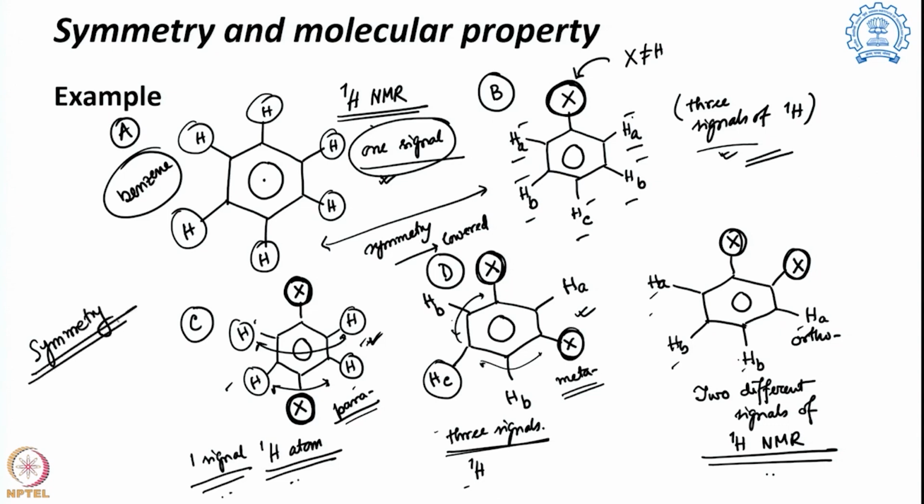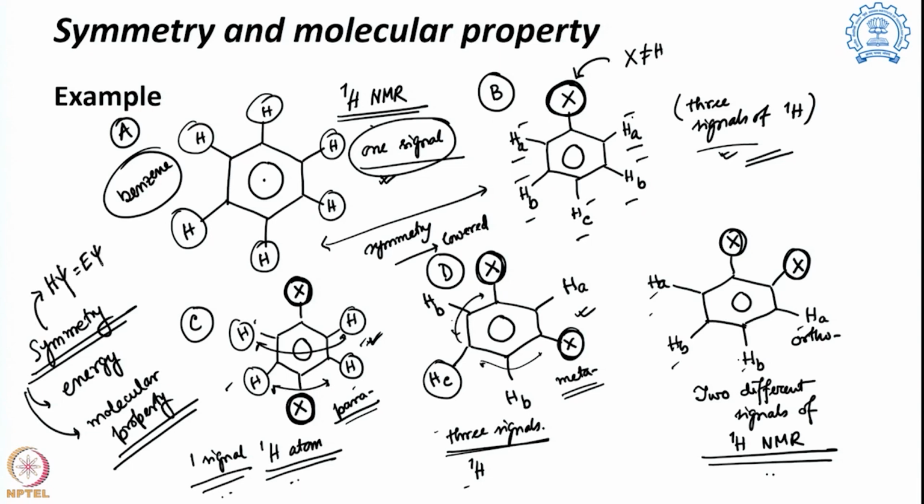Before going there, we would like to conclude this beginning section: symmetry is an important aspect, and it controls the energy and the molecular property, and all of them can also be defined by the Schrodinger equation, H psi equals E psi, where H is nothing but an operator which reflects the definition of the surroundings, that means the symmetry around a molecule.